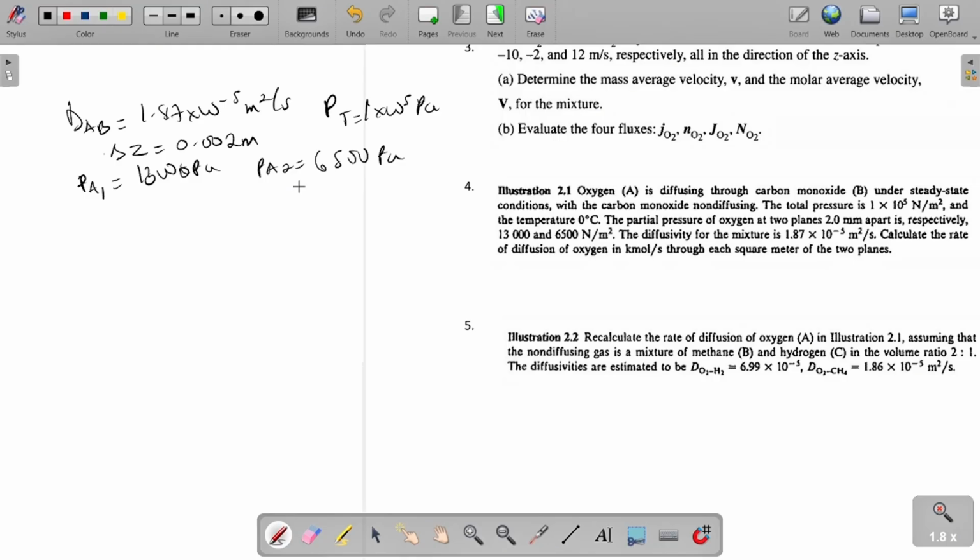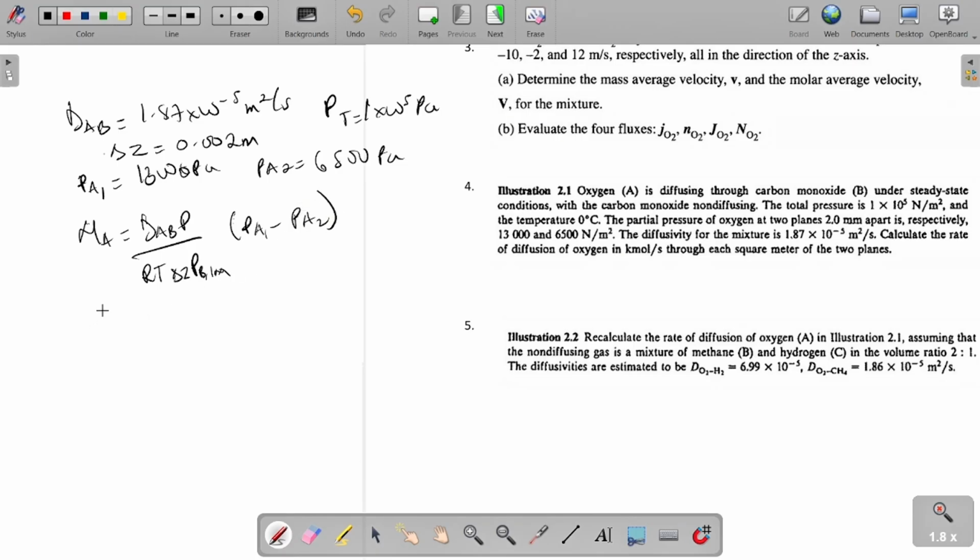If I have all these things, that means I can use this equation. I have NA, which is DAB times P over RT times the change in Z times the logarithmic mean of the pressure, multiplied by PA1 minus PA2.